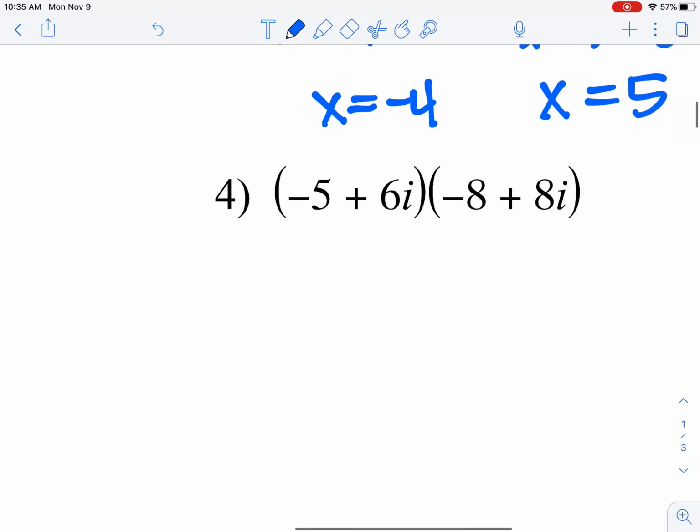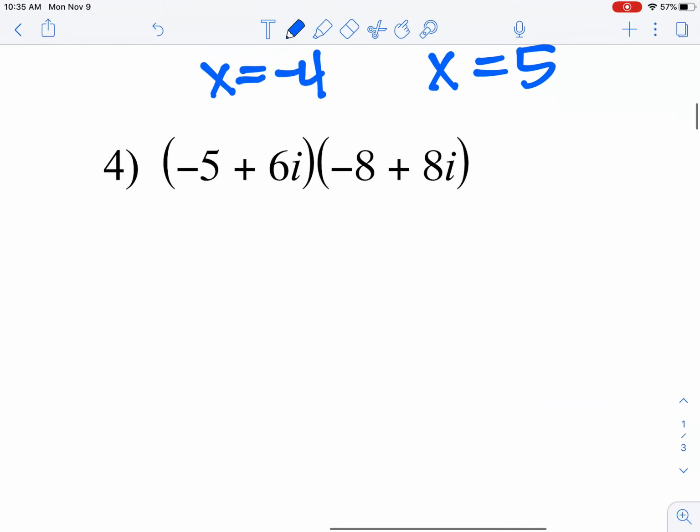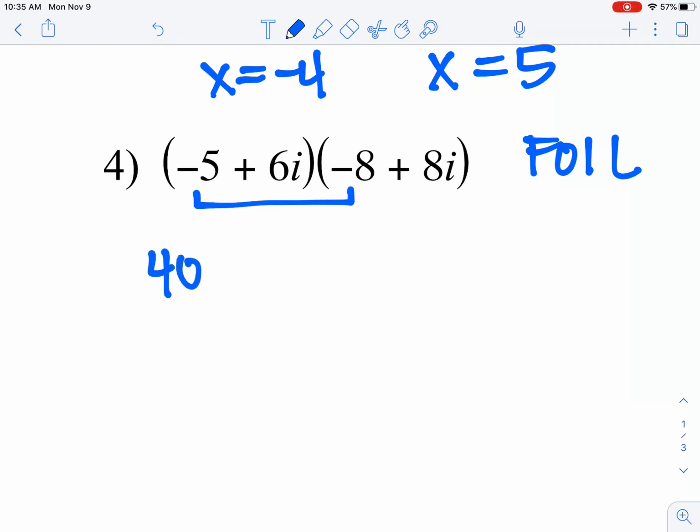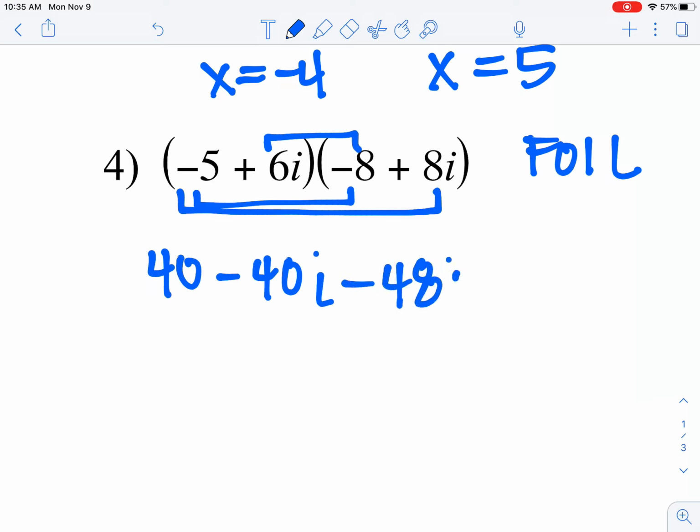Okay, in this case, we have no operation in the middle, so that means we're multiplying, which means we are going to FOIL. Okay, first times first is positive 40. Outside is negative 40i. Inside is negative 48i. And last would be positive 48i squared.